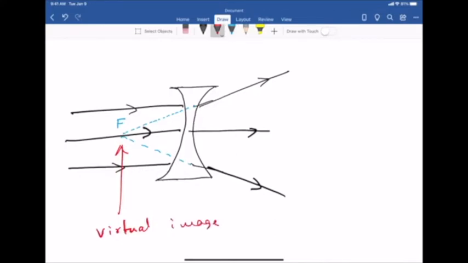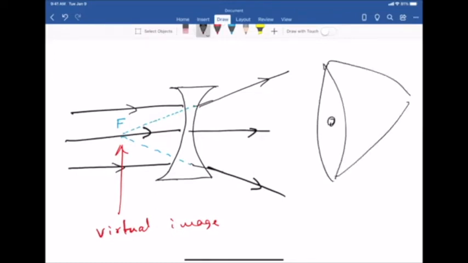Notice that the rays are not actually diverging from F, but the lens makes it seem like they're diverging from F. In fact, if these rays are picked up by an eye, the eye will conclude that they started from F, even though they didn't actually start from F. They were parallel rays of light before they hit the lens.